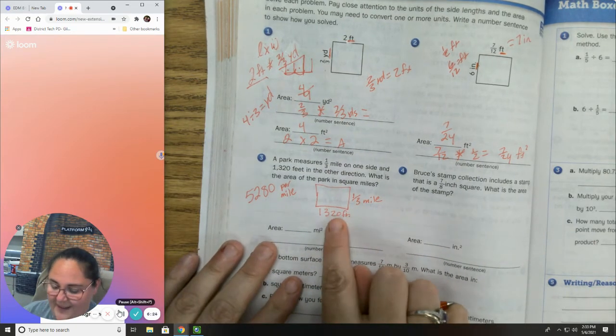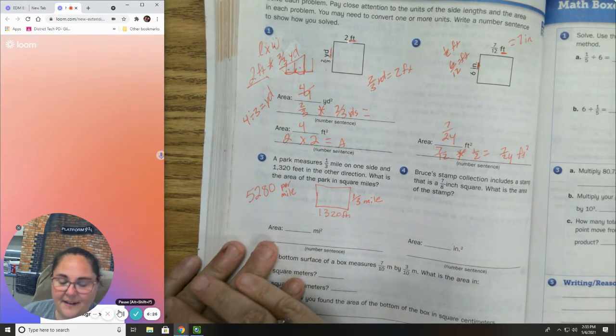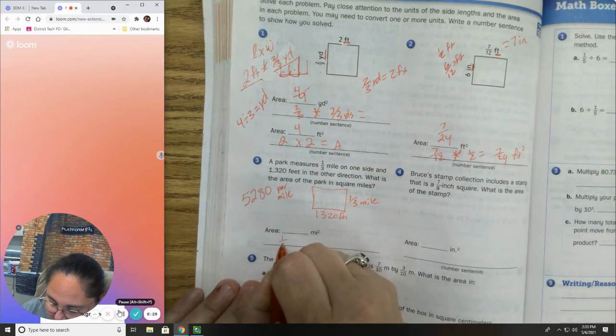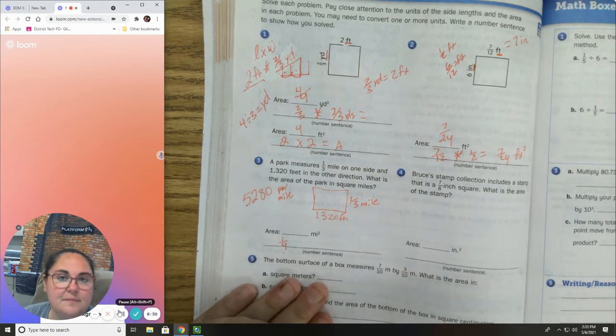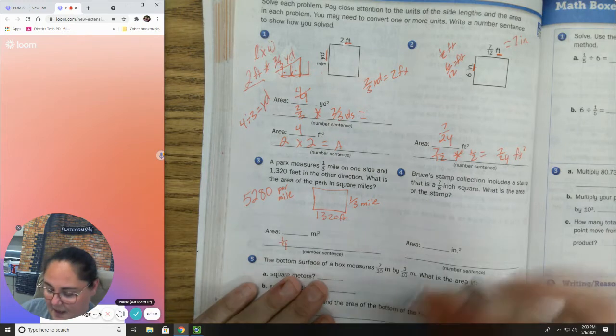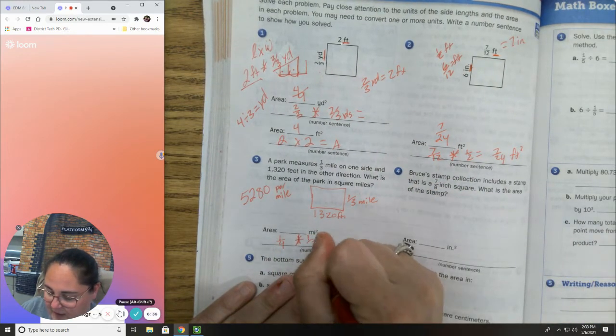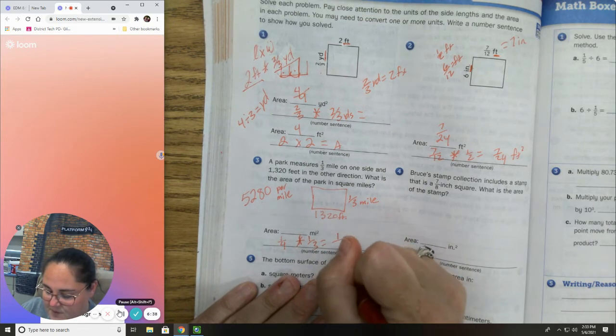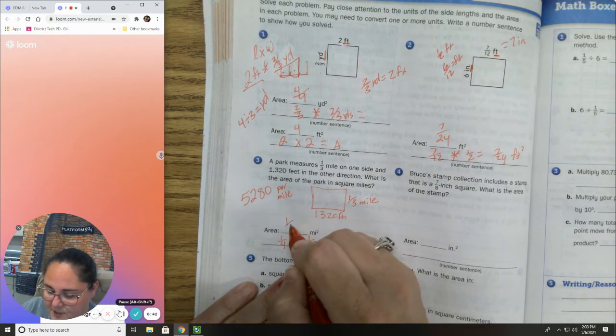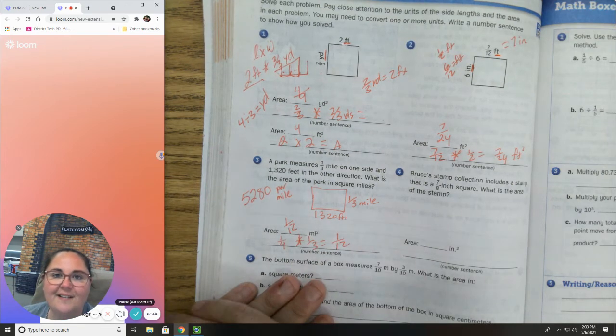So this amount right here, 1,320 feet, is the same as 1/4 of a mile. My other side is 1/3 of a mile. 1 times 1 is 1, 3 times 4 is 12. So my answer would be 1/12 of a square mile.